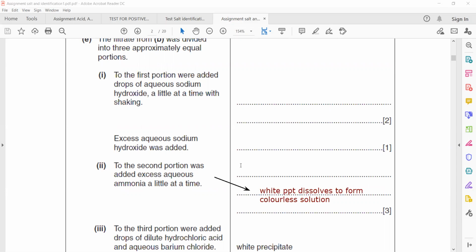So a white precipitate which dissolves to form a colorless solution.